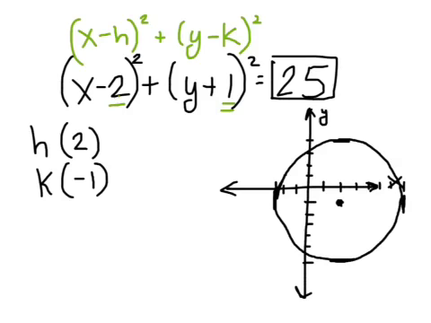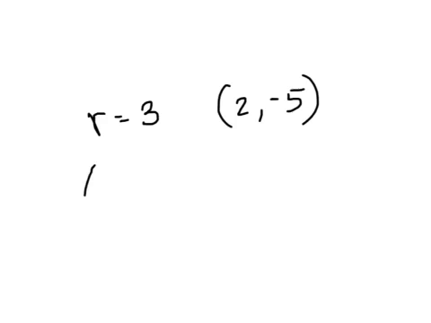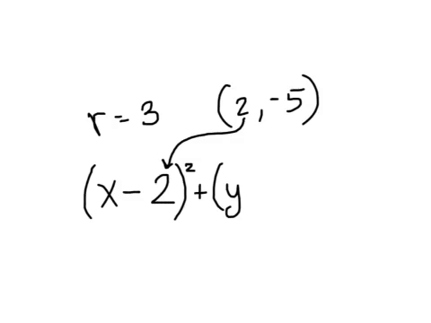Okay? And then the next thing that they're going to have you do is come up with the equation. After they have you graph it, if I say the radius is 3 and the center is 2, negative 5, I want you to just insert those numbers in and write the equation down. So it's x minus 2 goes in the H position squared plus y minus negative 5 goes in here.